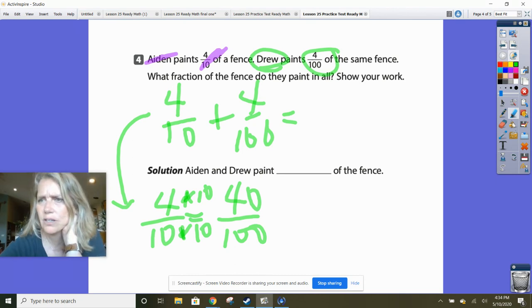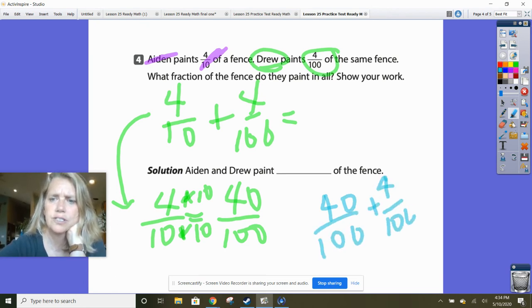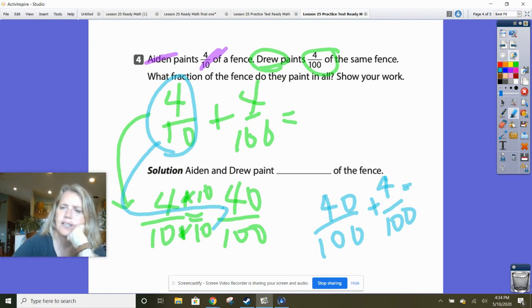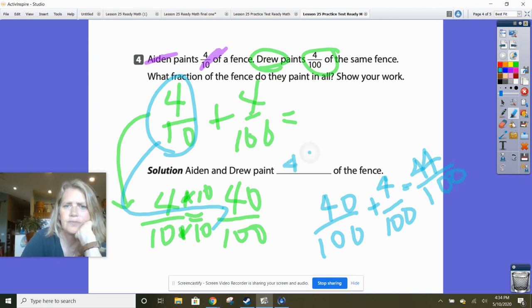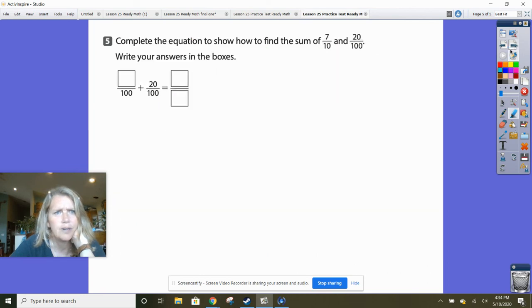So that means our equation is now 40/100ths plus 4/100ths, because we changed the 4/10 to 40/100ths. And that's easy to add, because 40 plus 4 is 44/100ths. And that will be our final answer. Together, 44/100ths. Yeah, Drew didn't do much. Aiden did a lot more. Good job, Aiden.